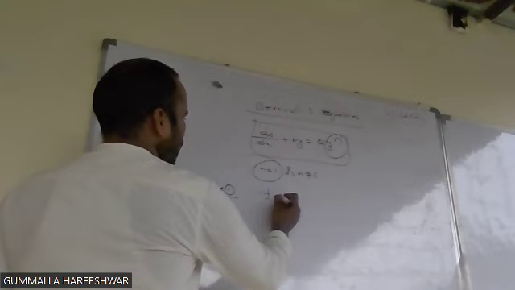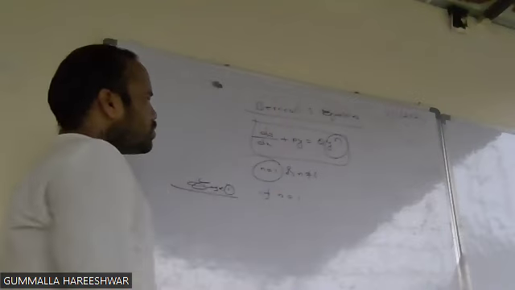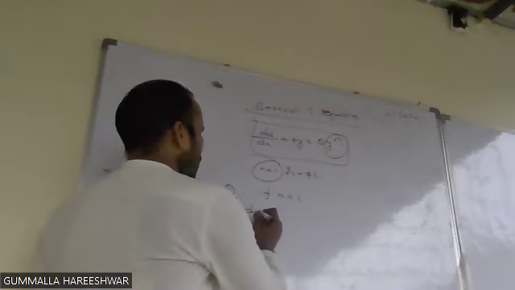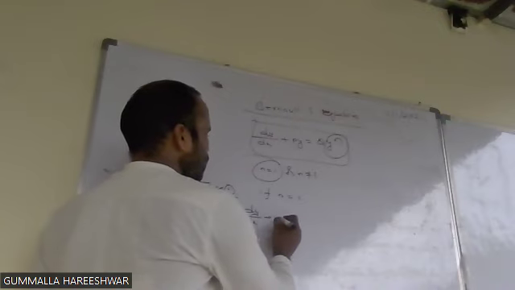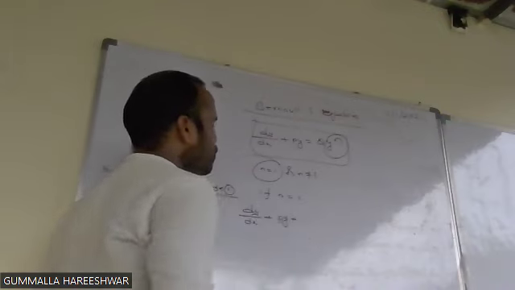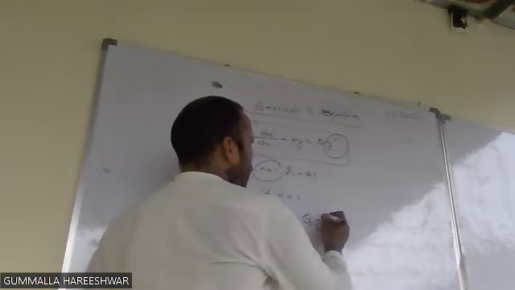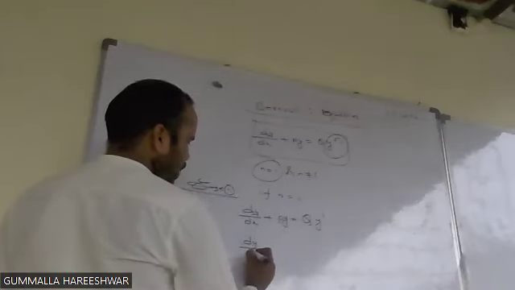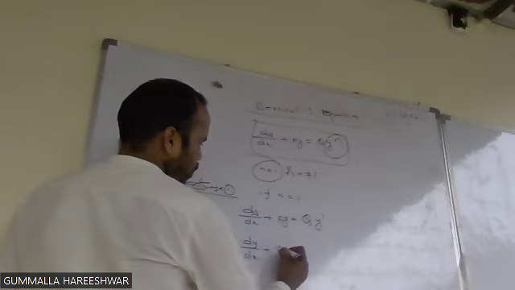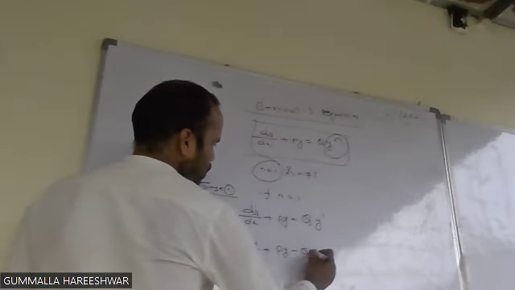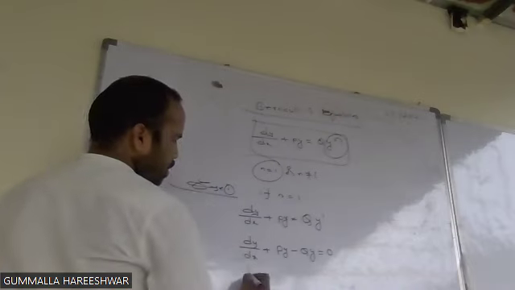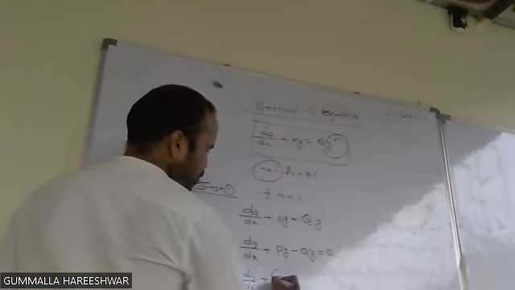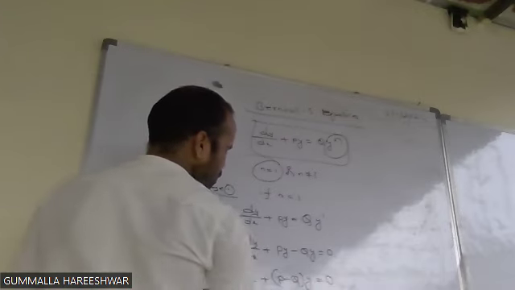If n is equal to 1, then the Bernoulli's equation will be in the form dy by dx plus P y equals Q into y power 1. Now the equation becomes dy by dx plus (P minus Q) y equals 0.